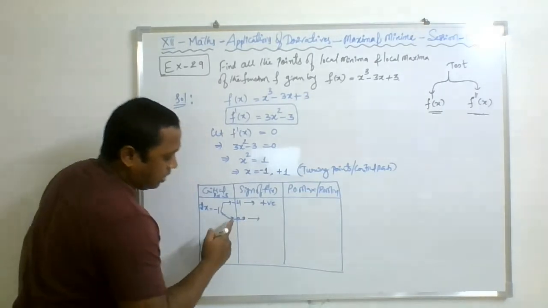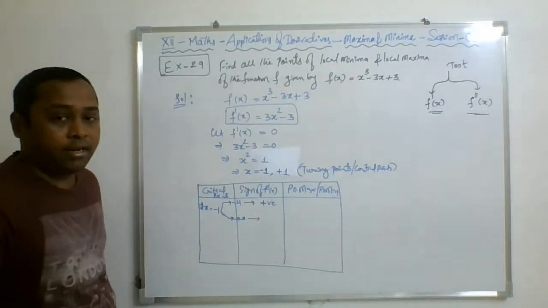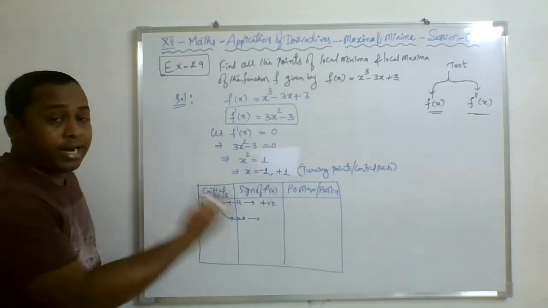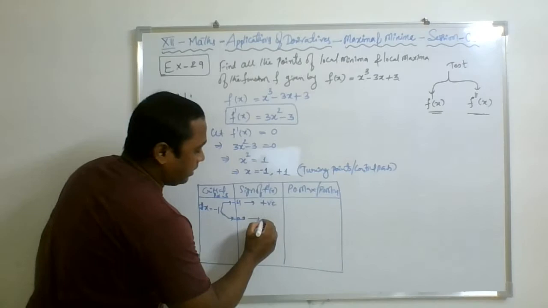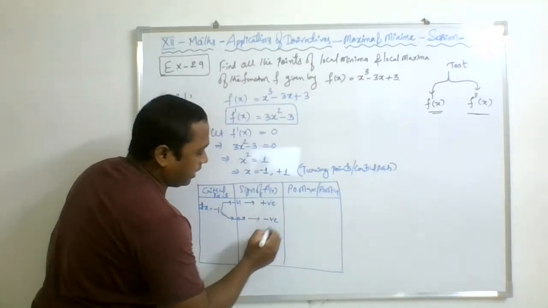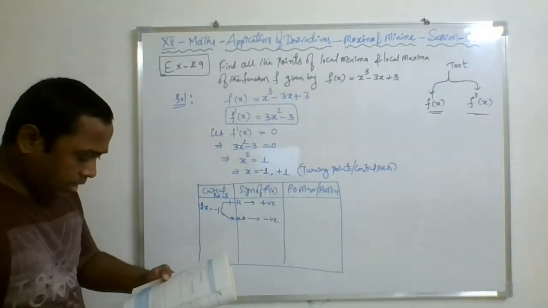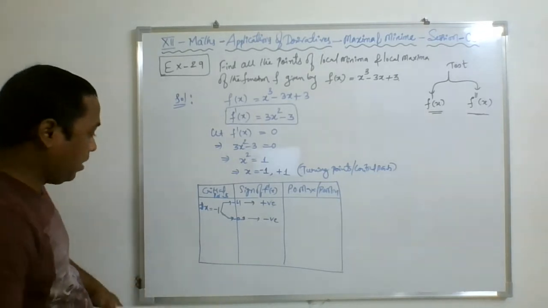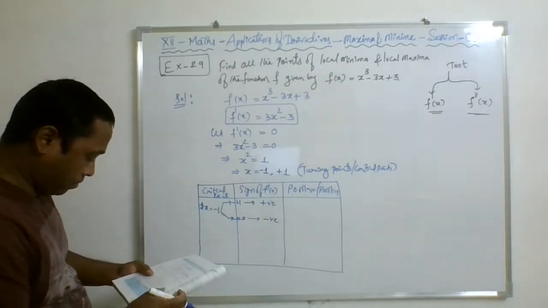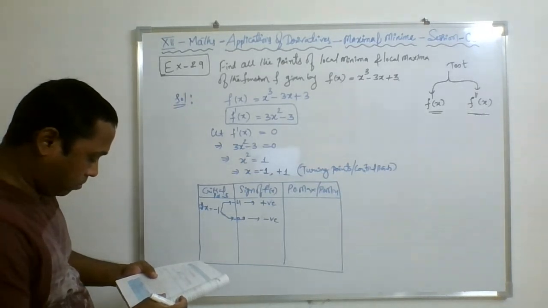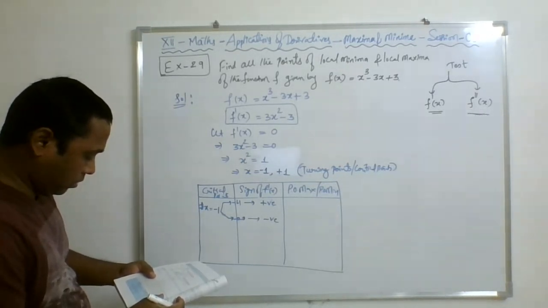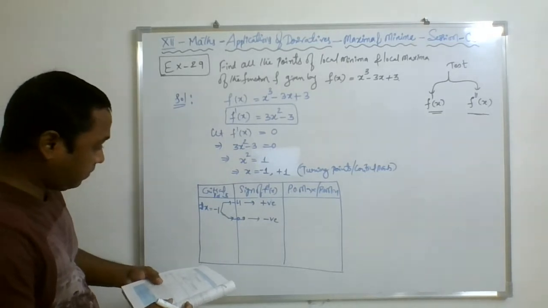And when you put -0.9, that is the right side of the turning point, the derivative sign is negative. So positive and negative.